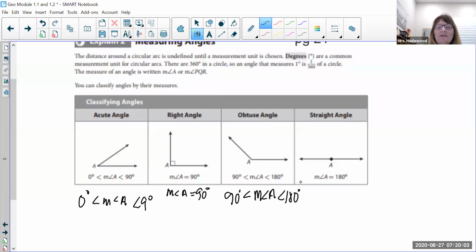And then my last one is my straight angle, and the measure of angle A is 180 degrees. In a circle, if you go halfway around, this is 180 degrees, and when you go the rest of the way around to the other side, it's 360 degrees.